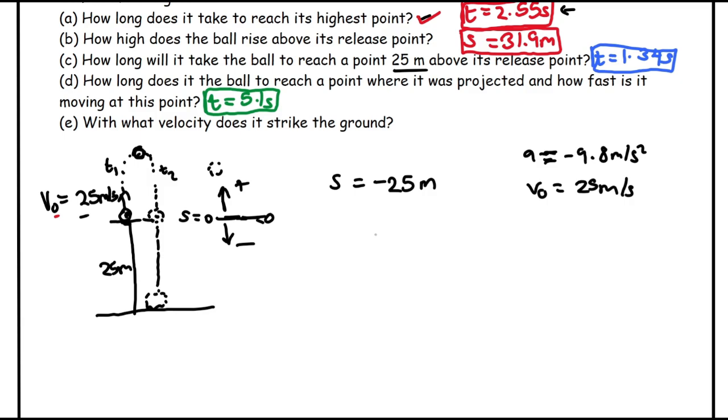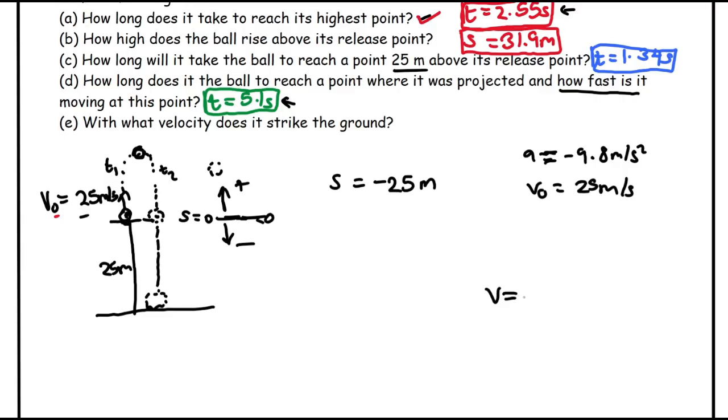Okay, so can we find the velocity and what's the best equation to do so? And one thing we forgot is how long does it take the ball to reach a point where it was projected, and how fast is it moving at this point? Well, we got the time that it took, which was 5.1 seconds.